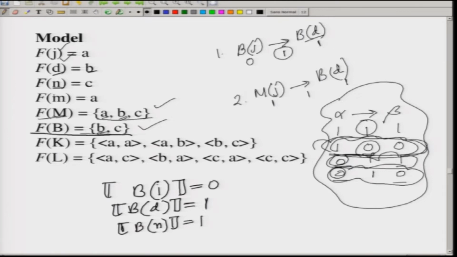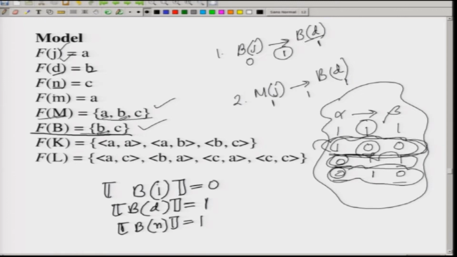In other words, the value of capital B includes b and c. So, this is the case. Now, we remember that B j is 0, B d is 1 and B n is 1.